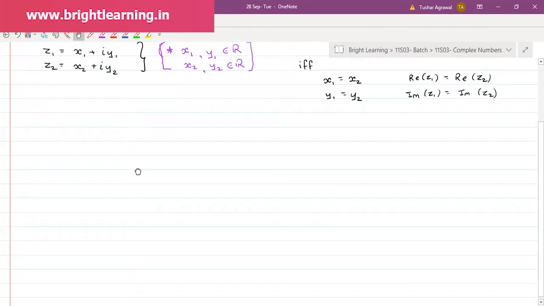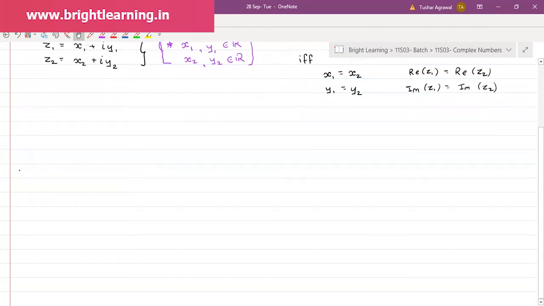Then next comes addition of complex numbers. Complex numbers are a new number system. For the real numbers we had up till now, the operations of addition, subtraction, multiplication and division were defined. For complex numbers, you can define the operations as you wish.